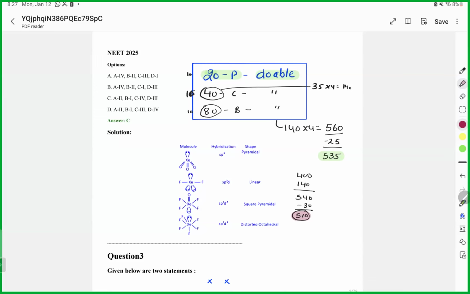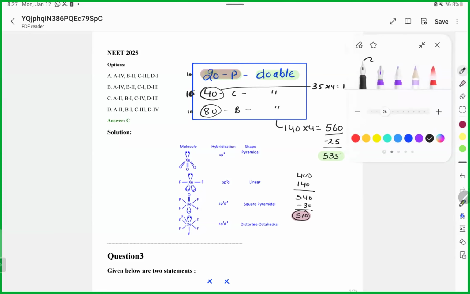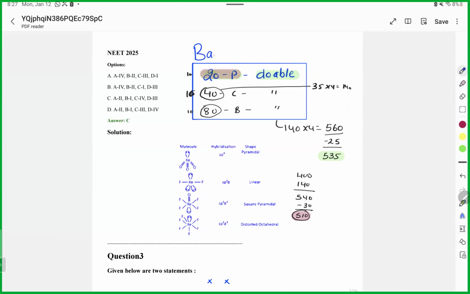What? Because of? Questions are plenty. Yes, that's why we took only 20 questions in physics, we didn't take 35, 40. We are not talking about the topper people. Bare minimum. Make sense? Yes, sir. We are talking about bare minimum.